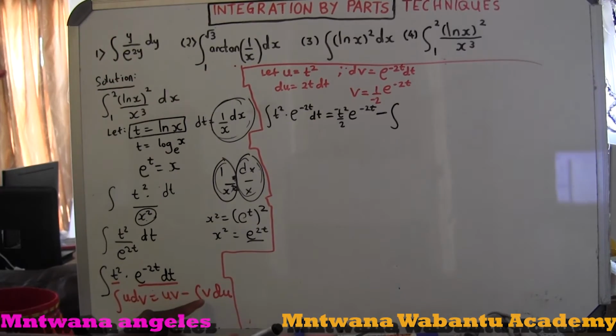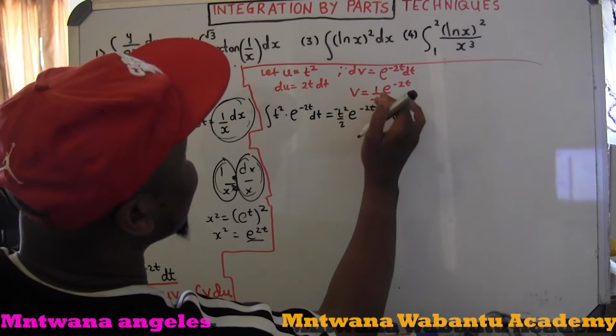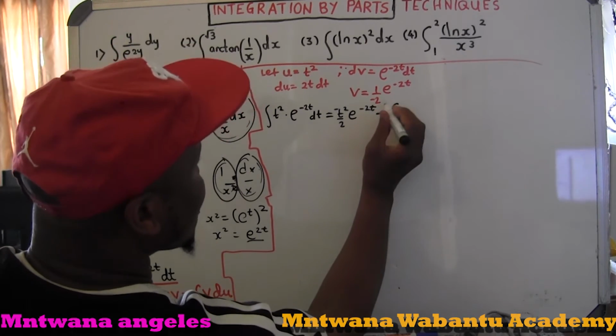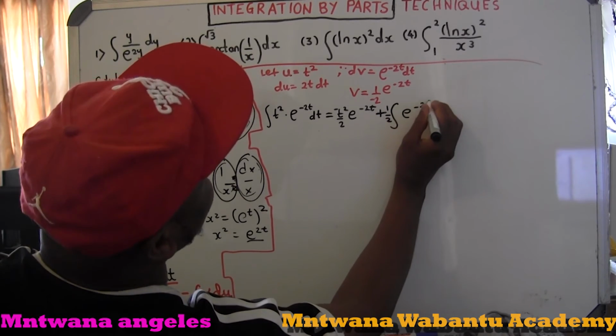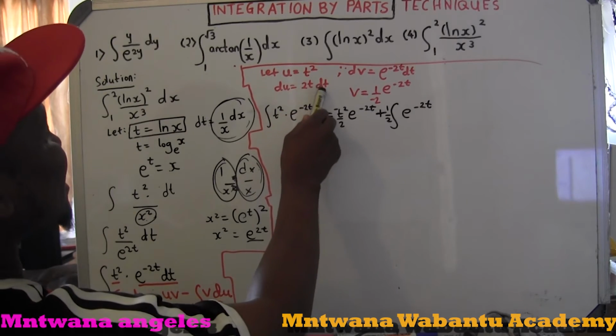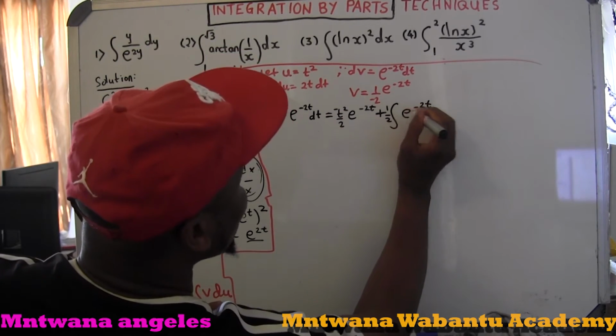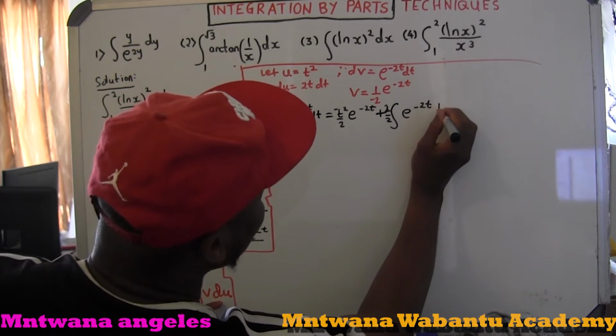integral of v du. Our v equals negative a half e to the negative 2t. So take this negative a half before the integral, so it's going to be positive a half, and then e to the negative 2t times du. Our du equals 2t dt. I'll take the 2 before, and then t dt.